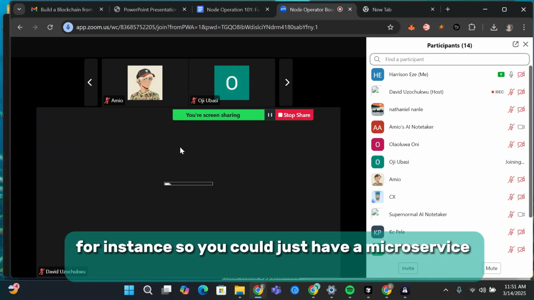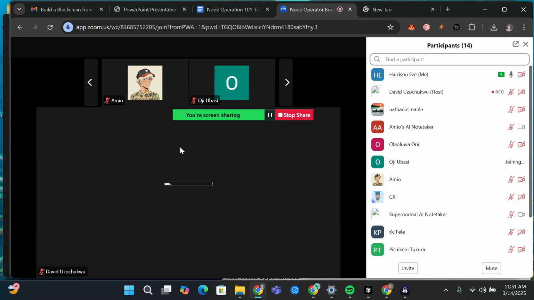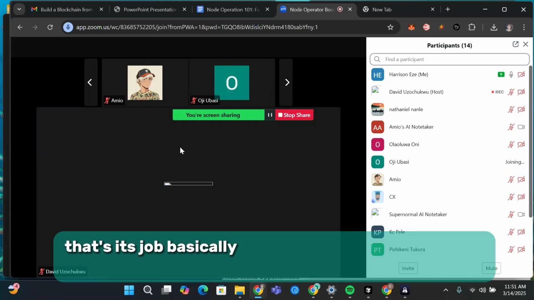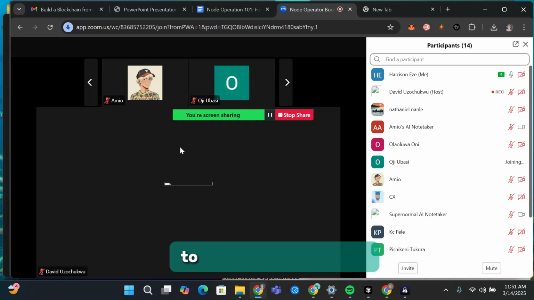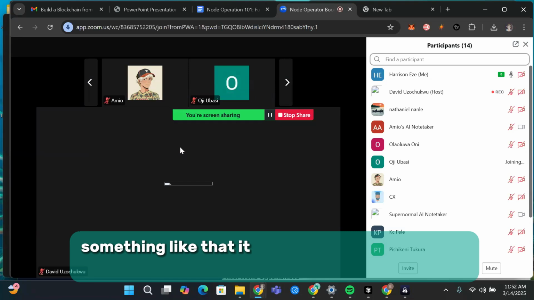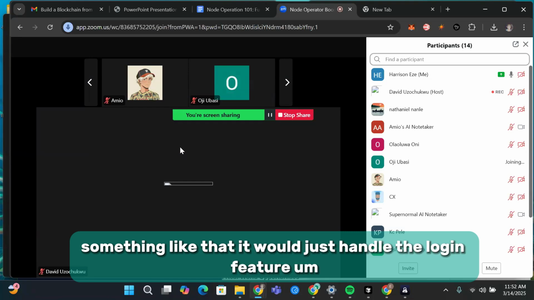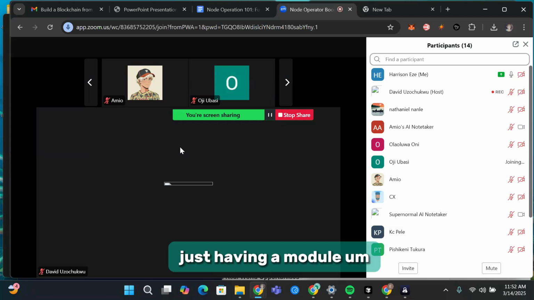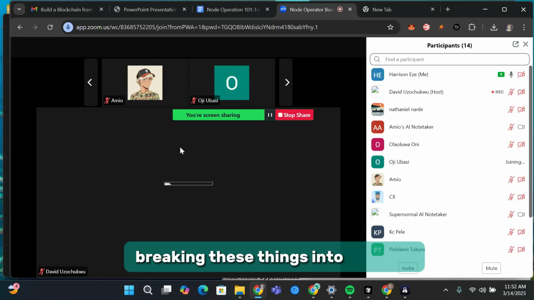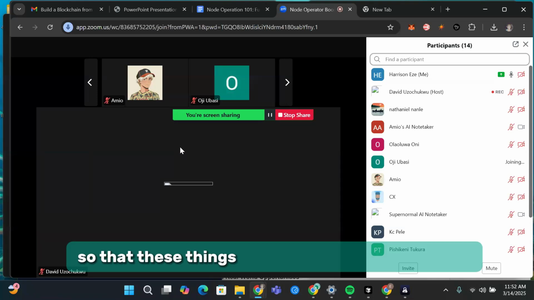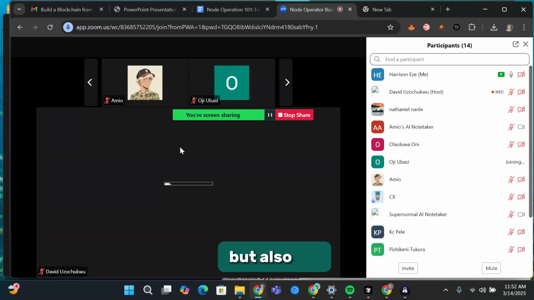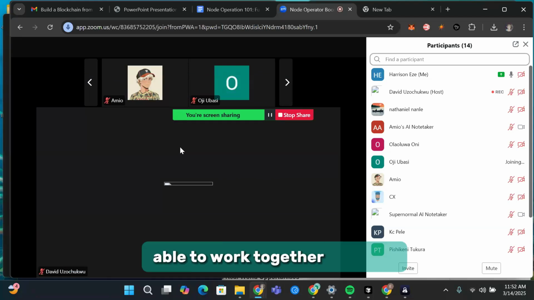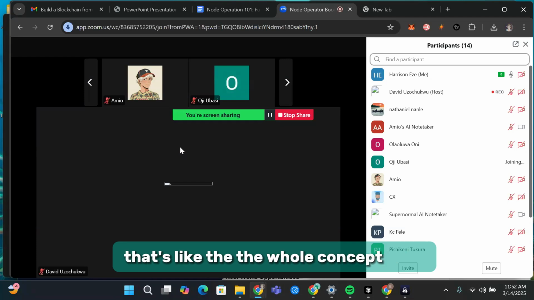You could have a microservice whose job basically would just be to log people in, a login service. It will just handle the login feature, and different parts, just having modules, breaking these things into modules so that they are able to run independently but also able to work together. So that's the whole concept, right?